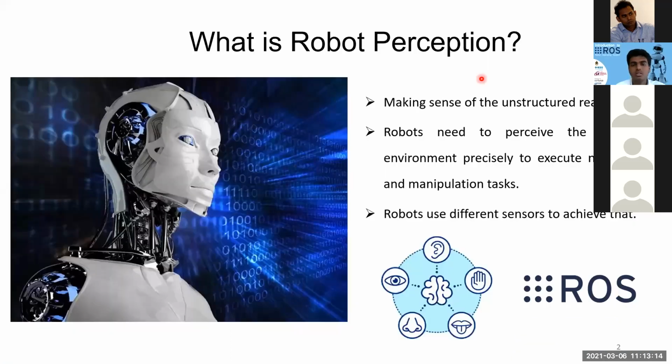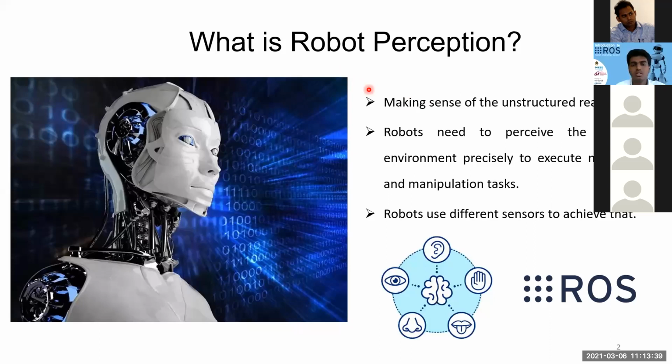Let's first understand what robot perception actually is. Before moving on to robots, think of a human. When we interact with the environment, we have different parts of our body like eyes, ears, and nose, which help us to get some understanding about the external environment that we are in.